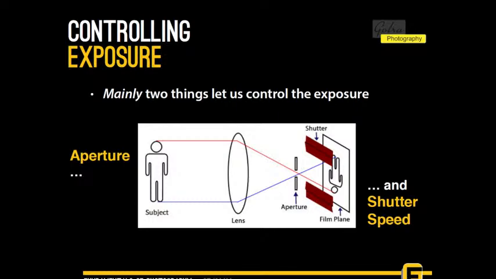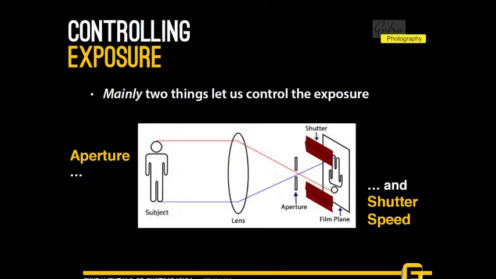Same thing with the shutter speed. As I told you, if the shutter speed is very slow, that means your shutter will open, just like I showed you in the last class, and a lot of light will be entering inside your camera. So the scene will be too bright. In this case also, you have to make sure that your shutter speed is not too slow, otherwise it will be overexposed.